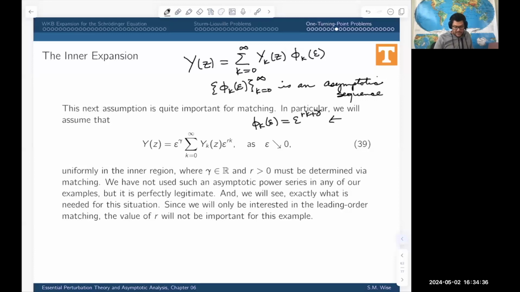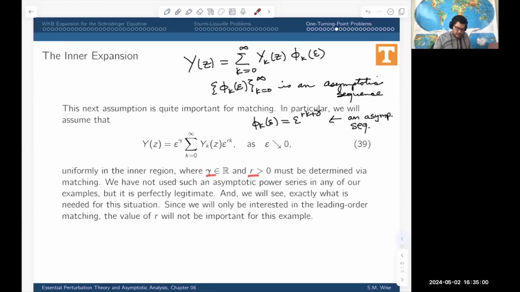It's not your standard integral power series, but it is something like a power series in epsilon.